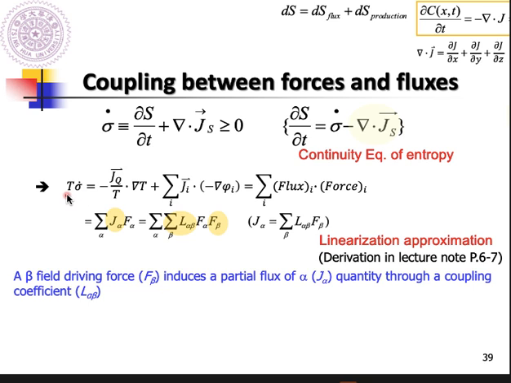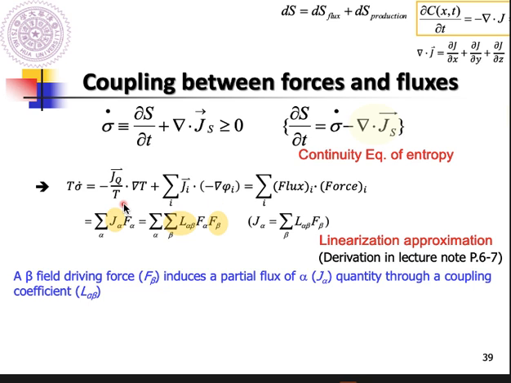So what we get here is the absolute temperature times the entropy production rate per volume, which equals the heat flux times the minus temperature gradient divided by T, plus the summation term: the flux times the minus potential gradient.